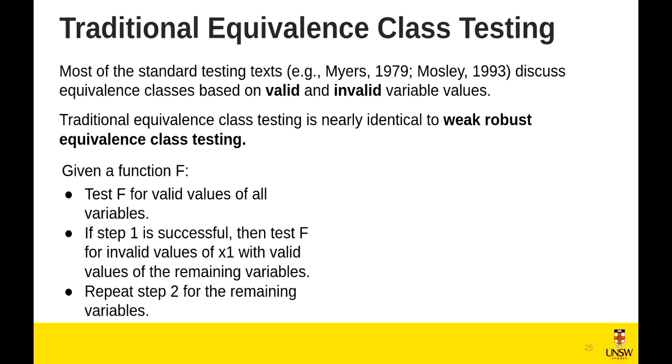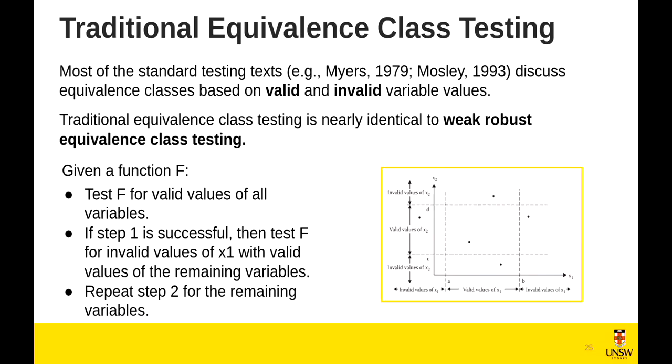What we do is we still apply the single fault assumption, which means that we will keep all the variables valid, and only make one of them invalid, and then we test the program with this set of input variables. And we repeat step 2 for every variable here. So that is the basic idea of traditional equivalence class testing.